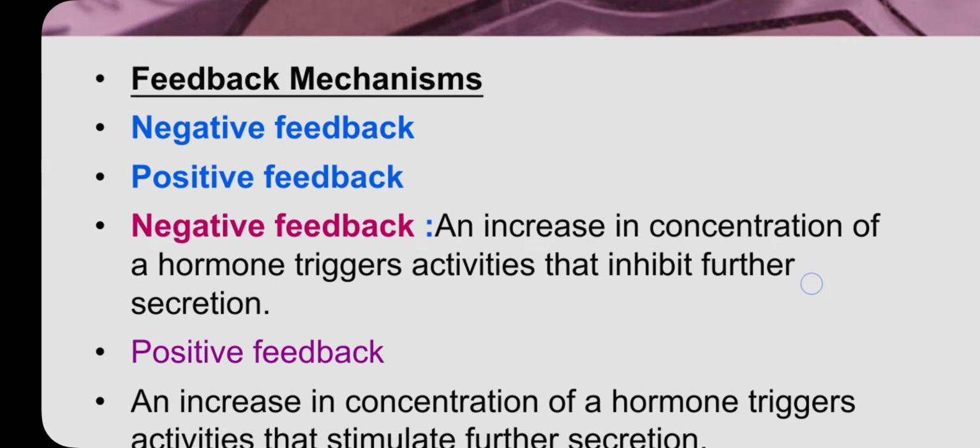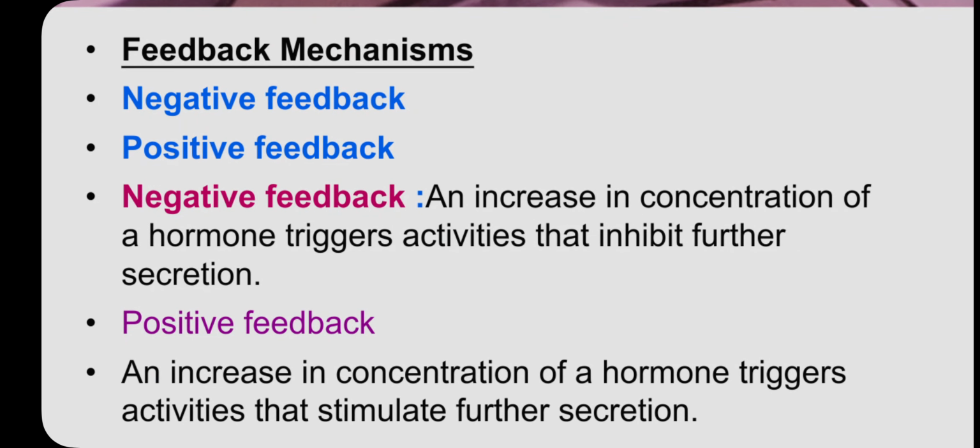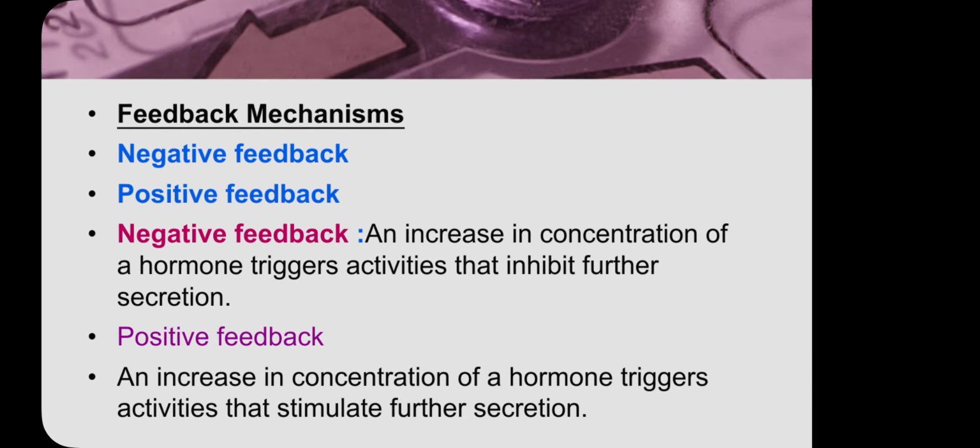So in negative feedback, an increase in concentration reduces further secretion, and in positive feedback, an increase in concentration stimulates further secretion. I will use these words while explaining the different hormones, but you must know all these things.